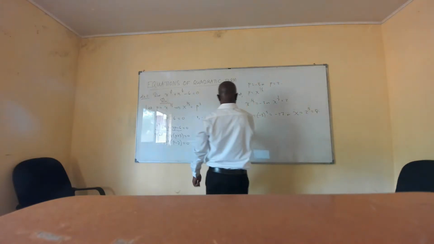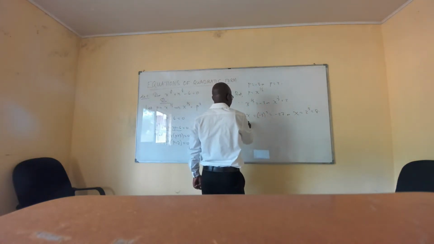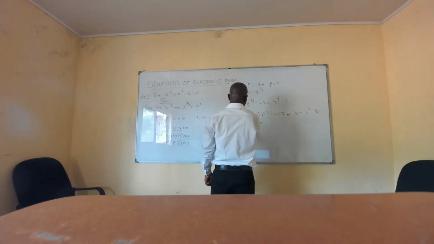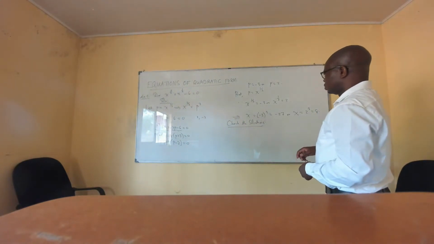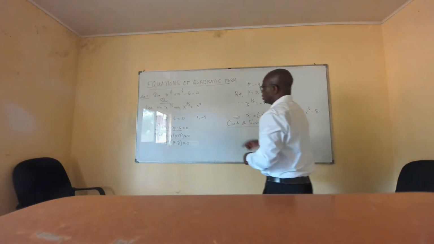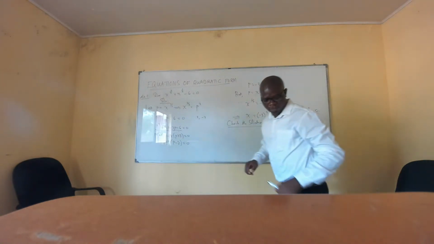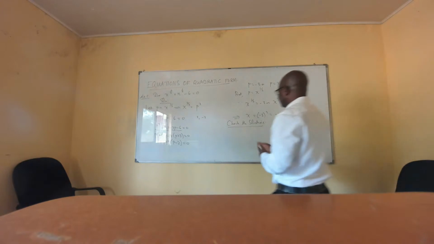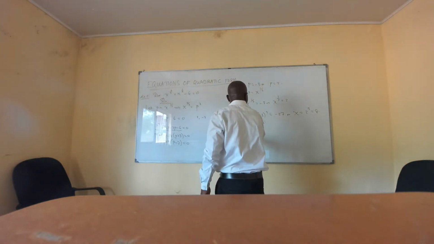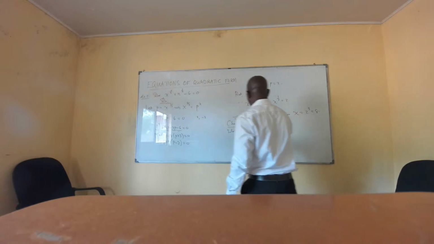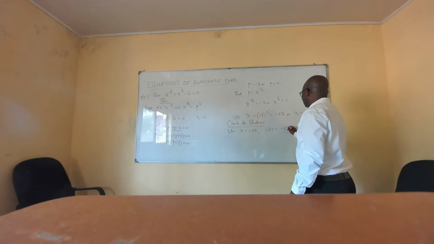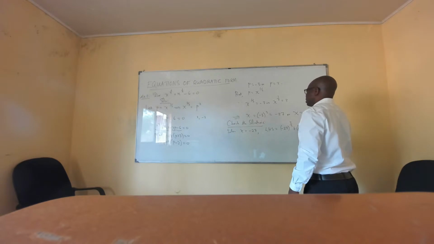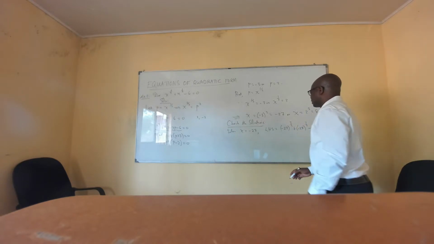But we have to check the solutions. We have to check the solutions in the original given equation, which is this one here. So let's do that. When x is minus 27, the left-hand side of the given equation is going to be minus 27 to the power 2 over 3 plus minus 27 to the power 1 over 3 minus 6.